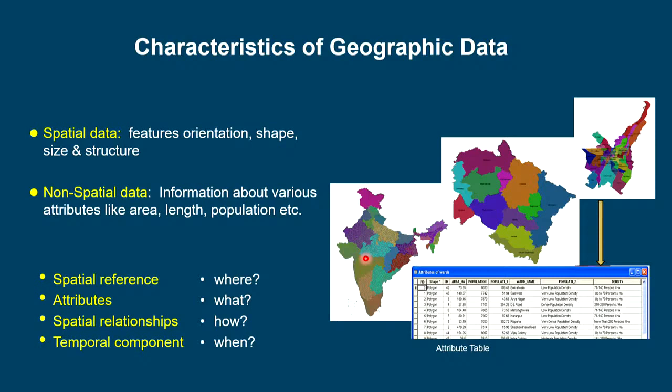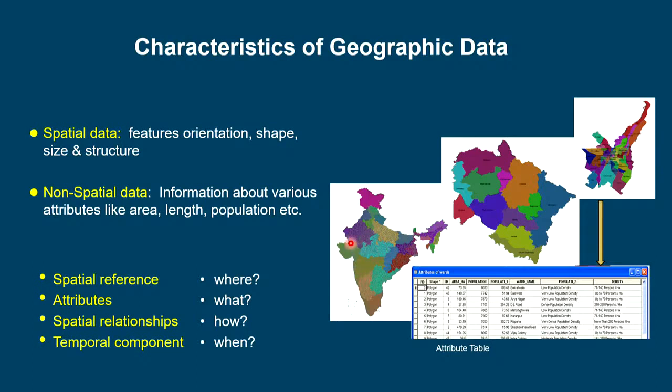Some linear features are also there on the earth surface, like rivers, canals, railway lines, roads, etc. Those you can represent in the form of line features. So line features are also spatial data. Similarly, if a particular space or coverage is there for a particular area, then you can represent it in the form of polygons.